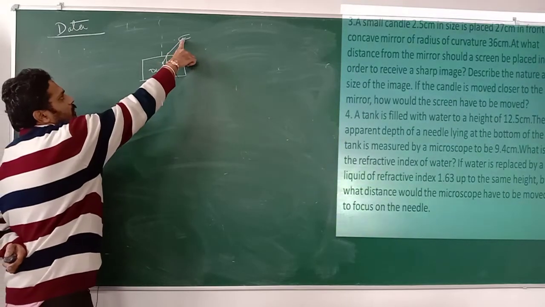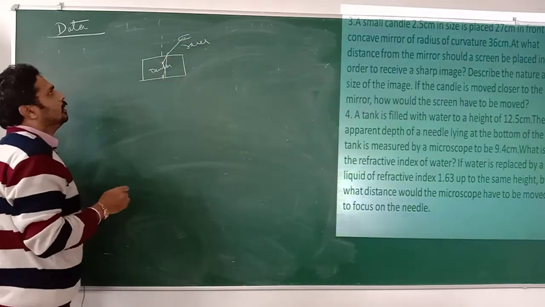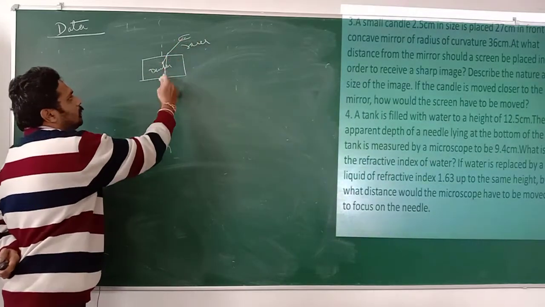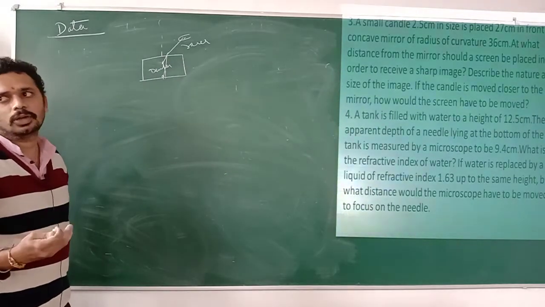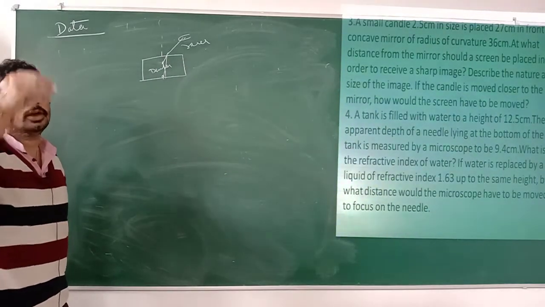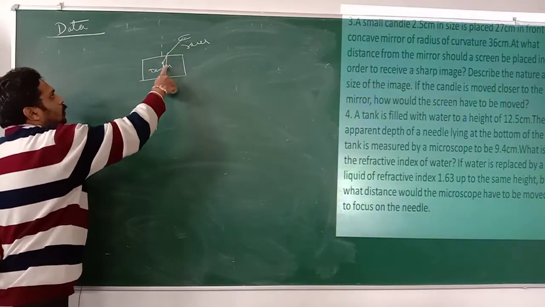For the observer, the shift in the position of the object is called normal shift. We are measuring along the normal. Here the observer views from rarer to denser.